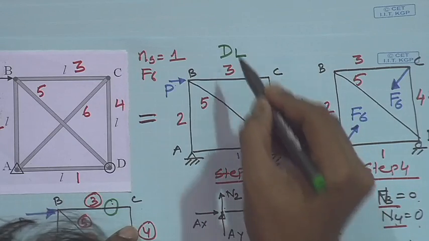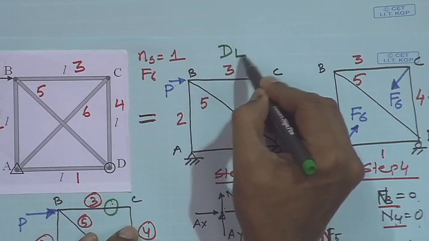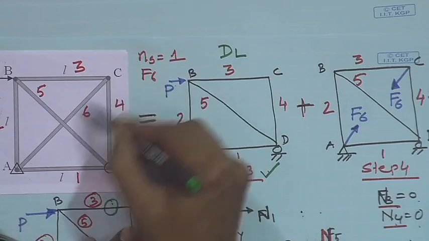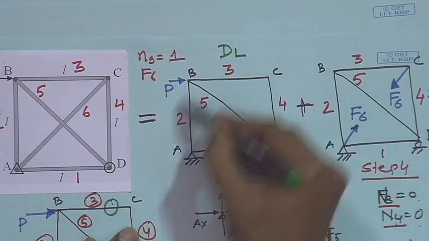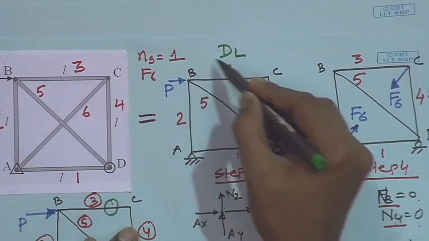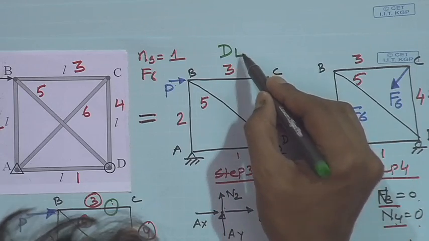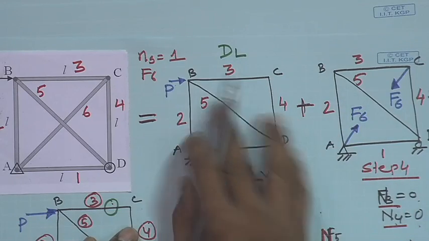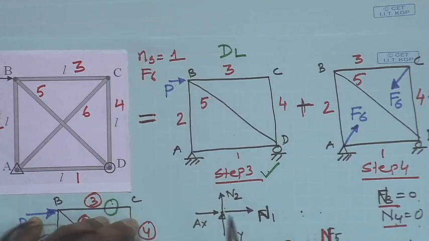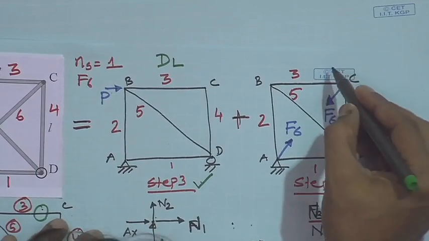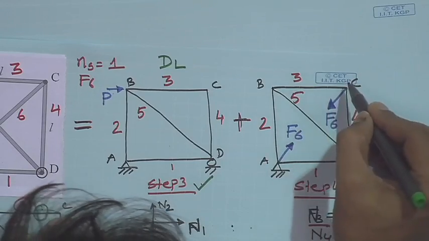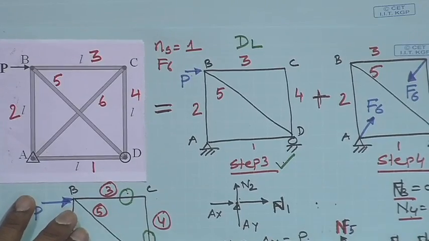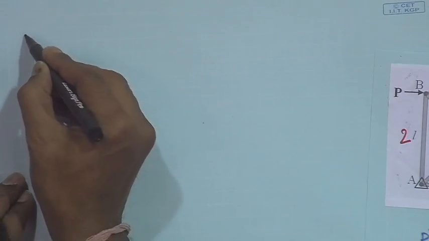DL is the deformation in bar AC due to the actual load, that is, the deformation obtained in the primary structure when it is subjected to actual load. Let us find DL first. So we can apply the unit load method.